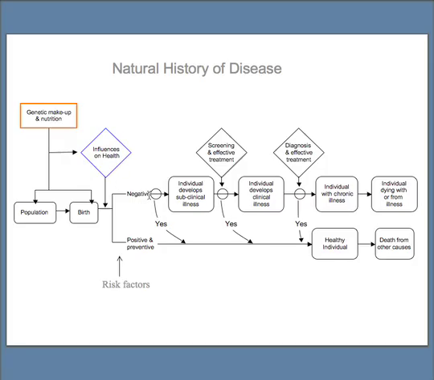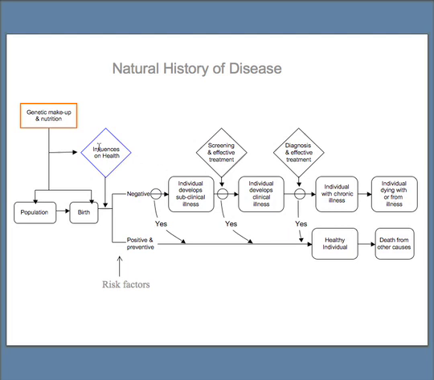On the other hand, if there are negative influences on health, the person may develop some sort of subclinical illness first, then clinical illness where there actually are signs or symptoms of a particular disease, and in this case we are thinking about lung cancer in particular, or other tobacco use related diseases. After developing the illness, the person usually goes on to develop chronic illness and eventually may die from that particular disease itself.